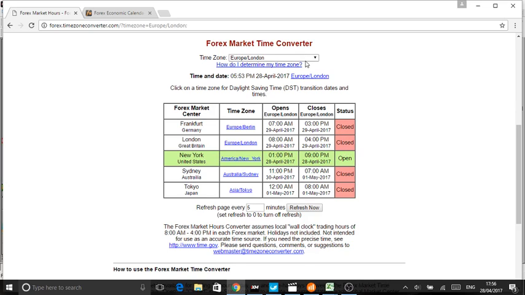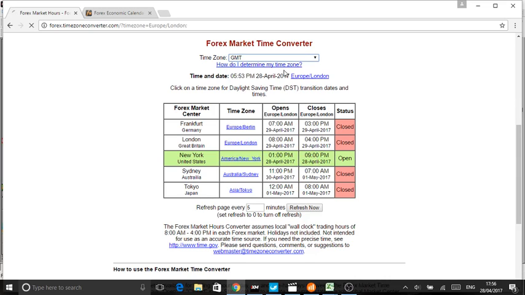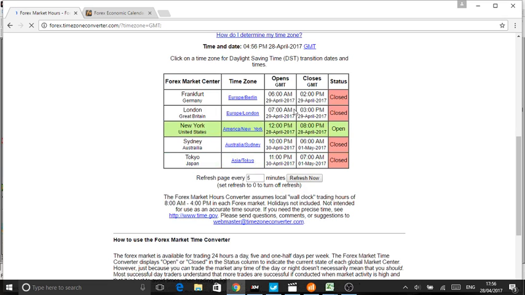Depending on where you are in the world, if you click your time zone, it will tell you what time it opens. From 7 a.m. to 3 p.m. the London session is open, and from 12 p.m. to 8 p.m. the New York session is open.